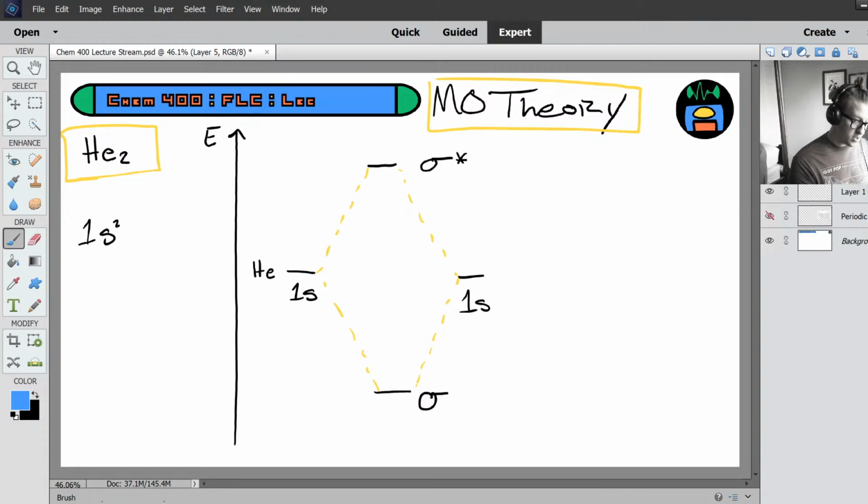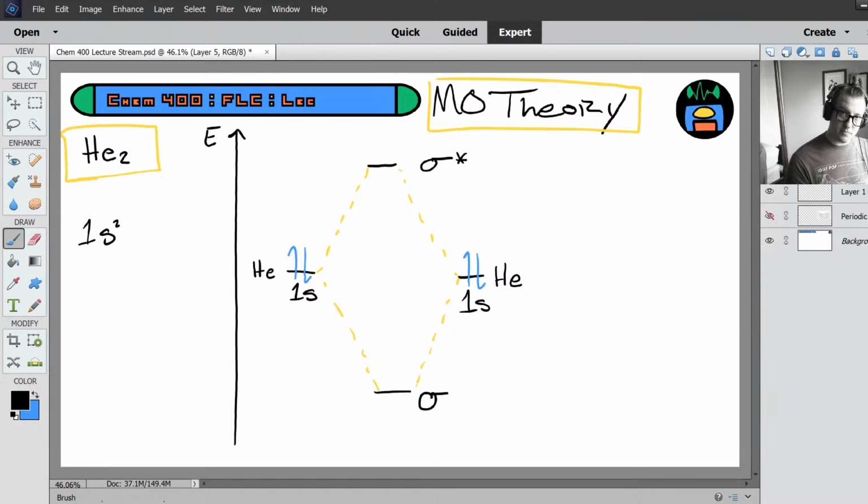Now we have to add the electrons. Helium, unlike hydrogen, has two electrons in its 1s orbital, so each 1s atomic orbital that we start with also starts with two electrons. To complete the MO diagram, we have to house all of our electrons from both atoms in our new molecular orbitals, and as always, electrons will fill the lowest energy orbital first.